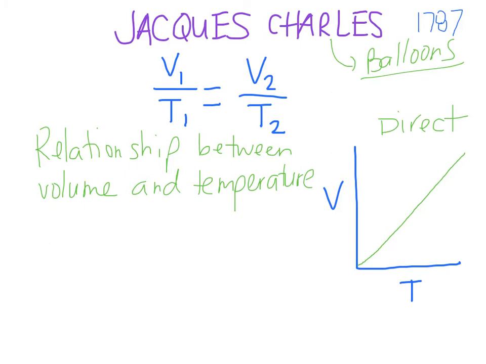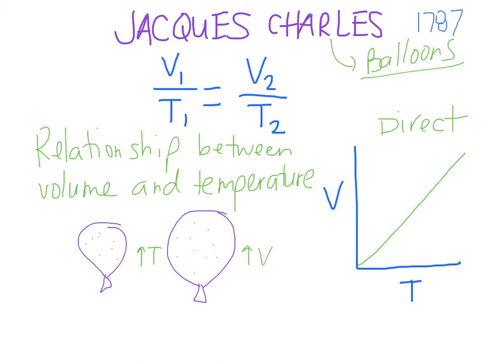So if you have a balloon and you've got gas particles in that balloon, if you increase the temperature, what's going to happen now is that because those gas particles are moving around, remember you don't change the number of gas particles, but they are going to be moving around much quicker. Remember, temperature is about movement. So if you increase the temperature, you're going to increase the volume.